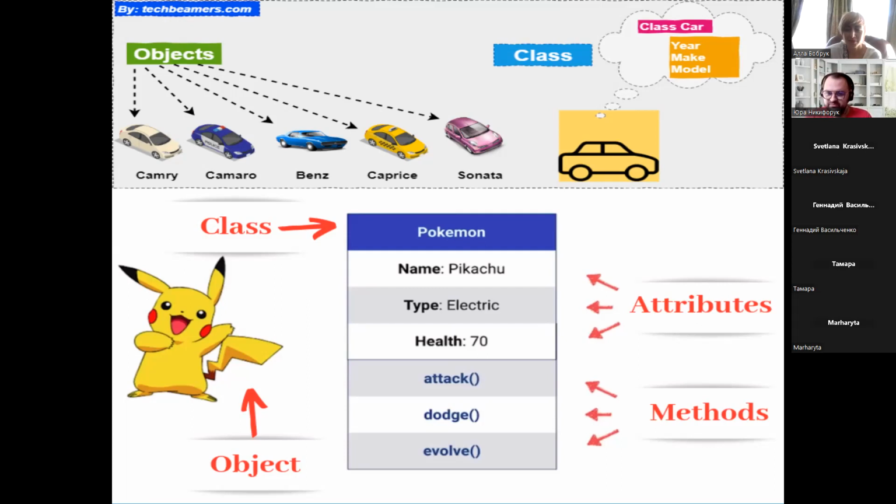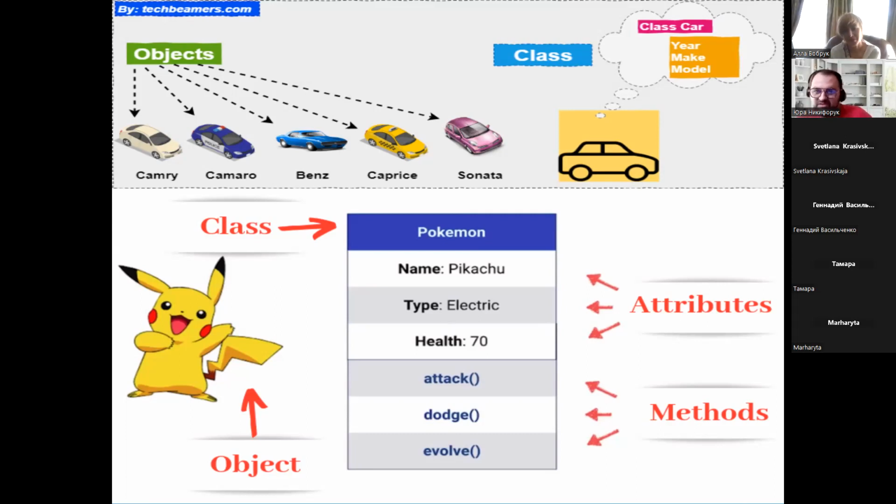And the second example is we can create a class Pokemon, and we have attributes that describe the state of the class. It could be name, type, health, date of birthday, etc. And we can add methods.